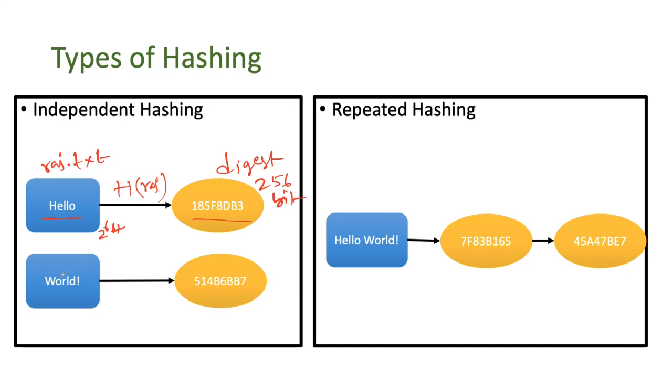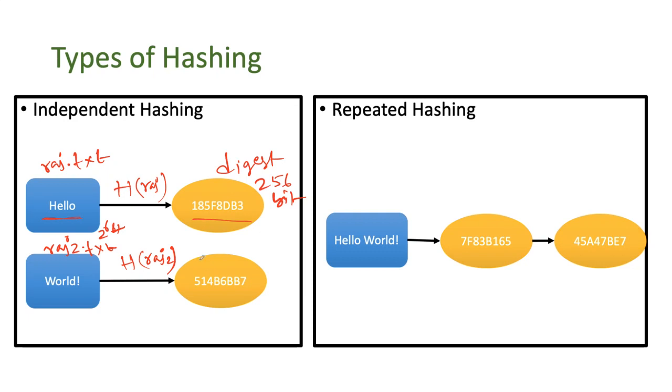And another file is there. Suppose I am sending another message, your Raj2.txt file, where the content is world. It will be given independently, or separately, to your hash function, that is your Raj2, and it will generate a different digest.